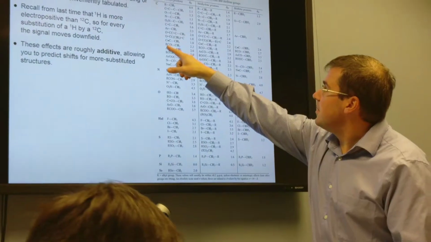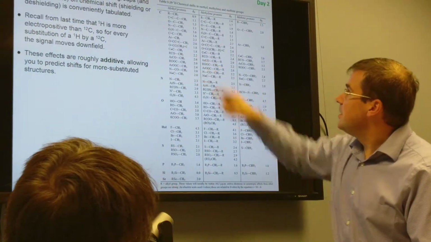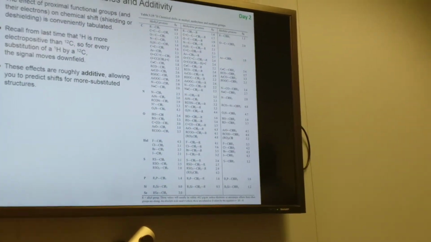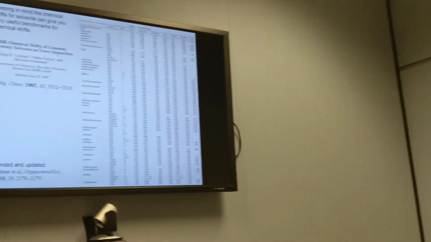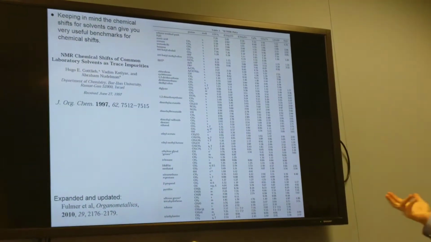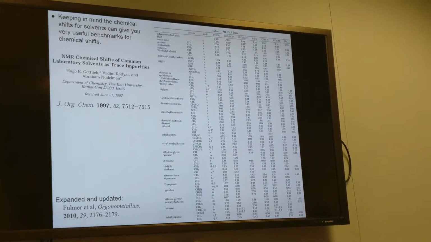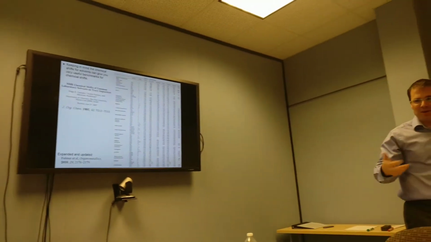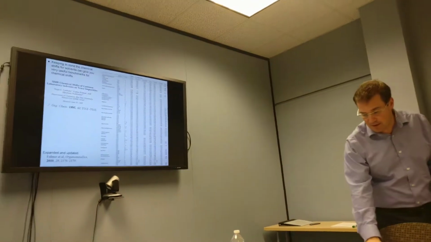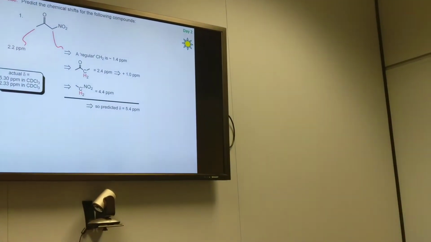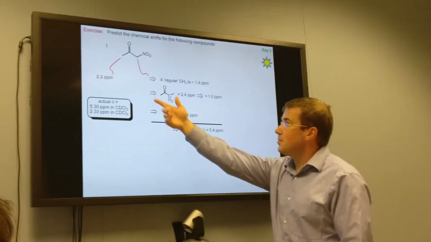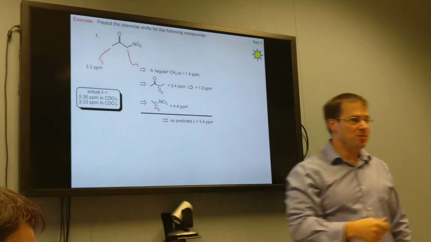Here's our RCOCH3. The table tells you that it's 2.2 parts per million. Or, like I said, you can remember that acetone appears at about 2.1 or 2.05 or 2.2 parts per million, depending on which solvent you're working in. Okay. Either way, you're probably going to come up with an estimate for this methyl group of about 2.2 parts per million.